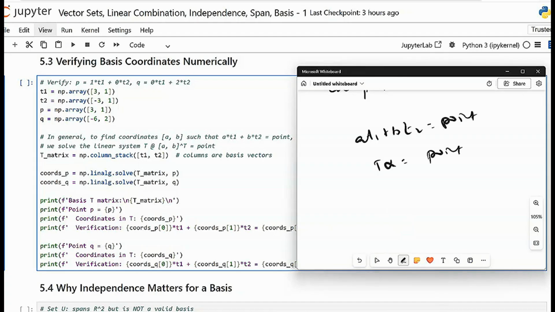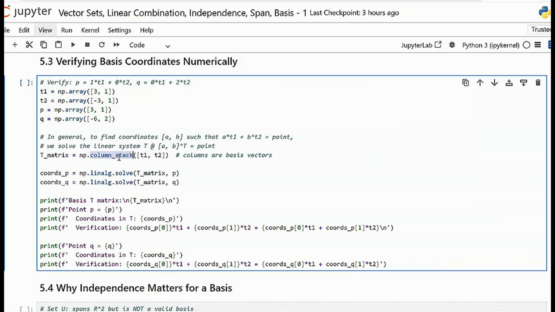So here, what is T? We already have T1 and T2 as our vectors, and alpha is (a, b) transpose. With this we are going to construct the matrix using column stack.